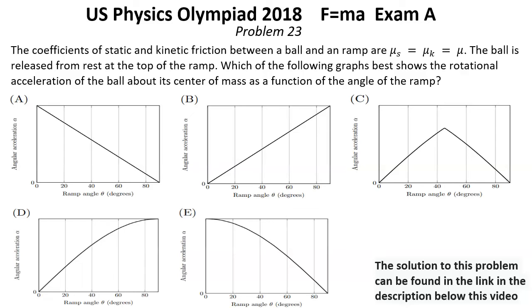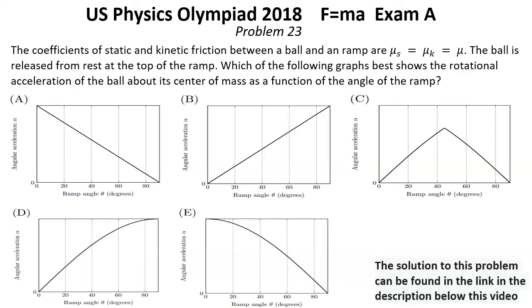This problem could be solved using excluding method. We can check that for zero angle, acceleration must be 0, because ball is stationary. It means that choice A is impossible and choice E is impossible. Also for 90 degrees, that must be 0 because there are no friction.